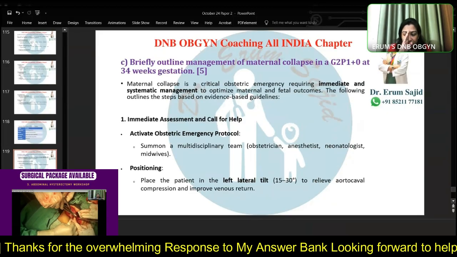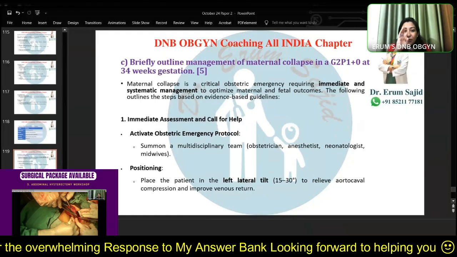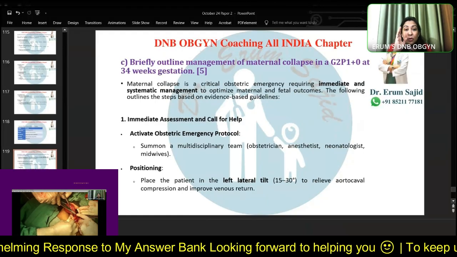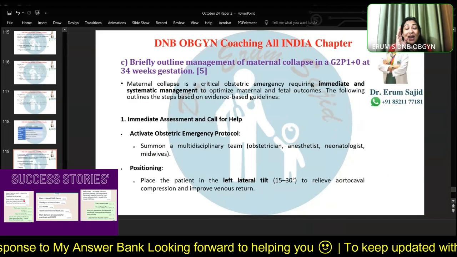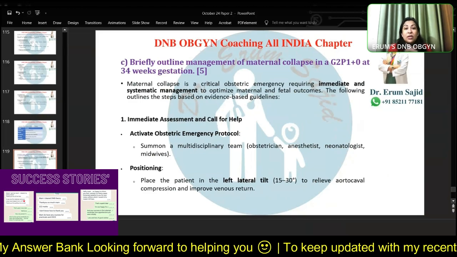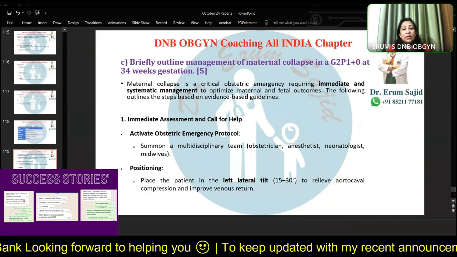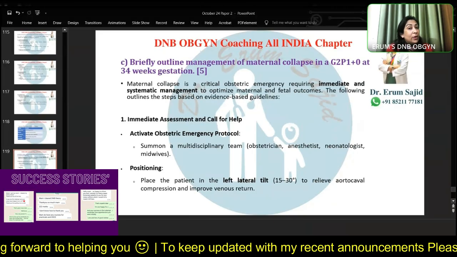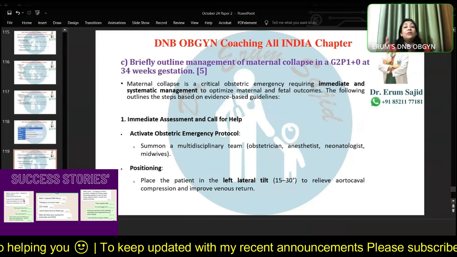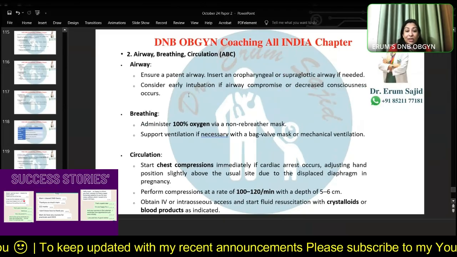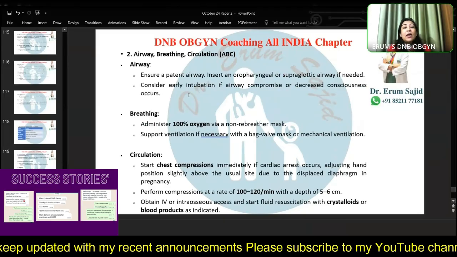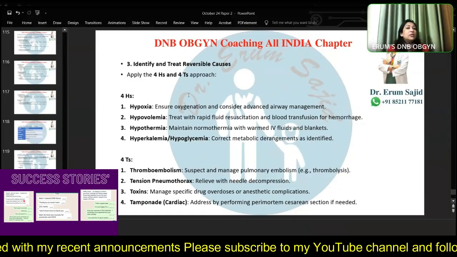So the moment there is a maternal collapse, you immediately call for help. You do the emergency protocol, obstetric protocol activation, and you position the patient left lateral tilt to give 15 to 30 degrees. Why? Because you want to immediately relieve the aortocaval compression. Then you start with the ABC, that is airway, breathing, circulation, immediately. Correct? And then you go for identifying what could be the cause.